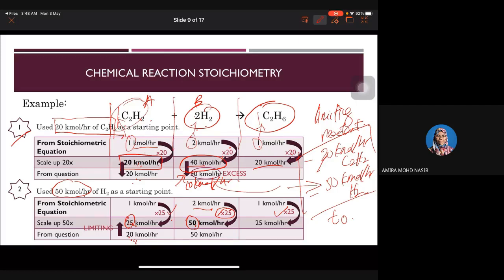So from here we know that C2H2 is your limiting reactant. Once this one become limiting reactant, this one become excess reactant. Okay, this is only valid when you have two reactants. If you have three reactants, then you need to make sure for the third one, for the third table. Okay, alright, hopefully you can follow.